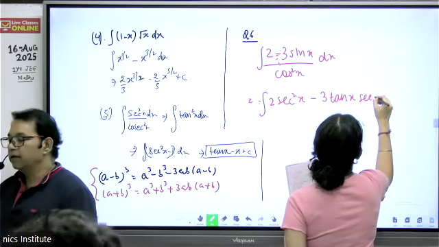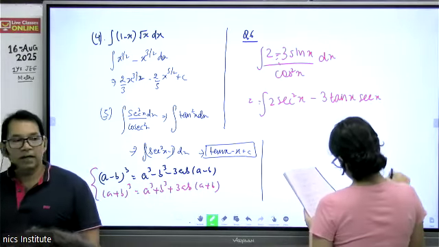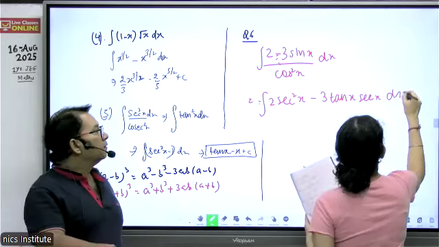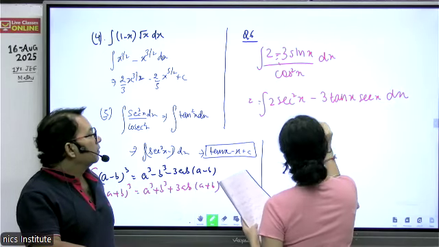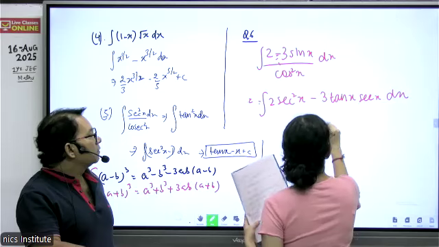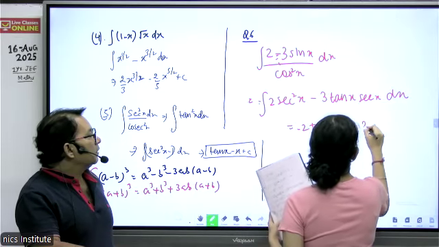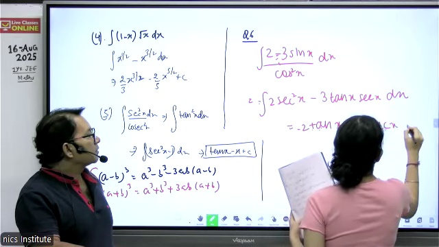Both are directly integrable. Integration of sec square x is tan x. So it will be 2 tan x, 3 sec x plus c.